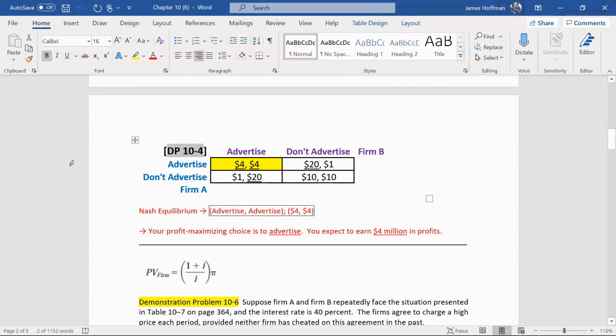Okay, so first you look at the word problem and you define the game like we've been doing here. You can set it up where both firms either advertise or don't, and the problem said that if they both advertise, they both get 4.